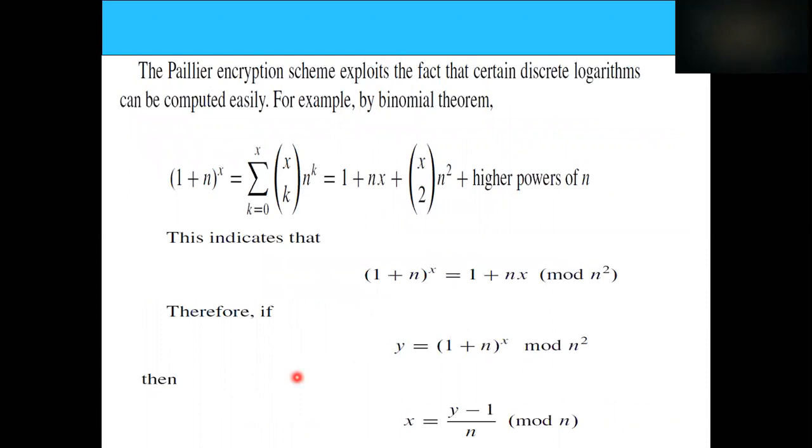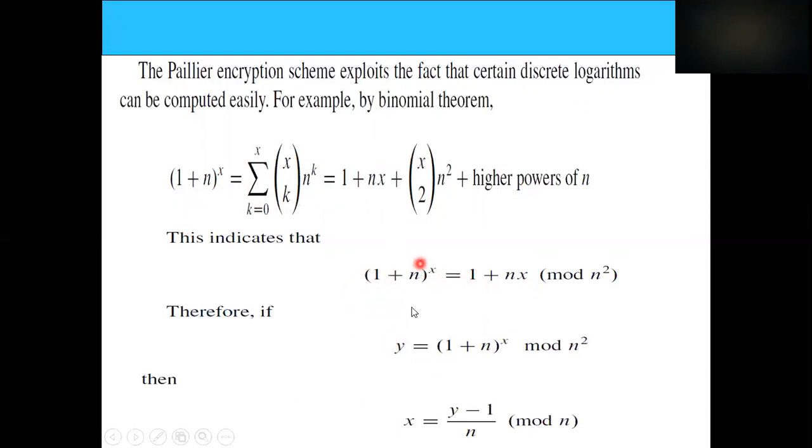These are some of the binomial expressions showing how you can calculate L. If we neglect the higher powers, then 1 plus n to the power x is equal to 1 plus nx mod n square.